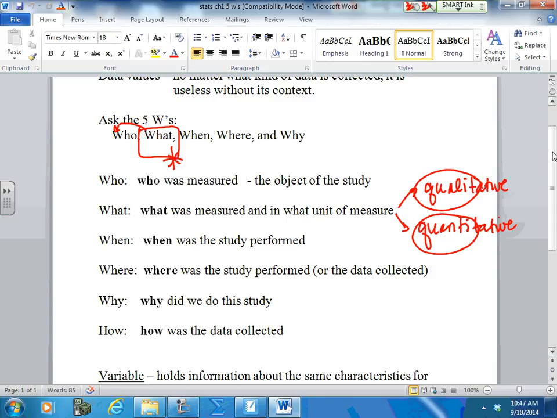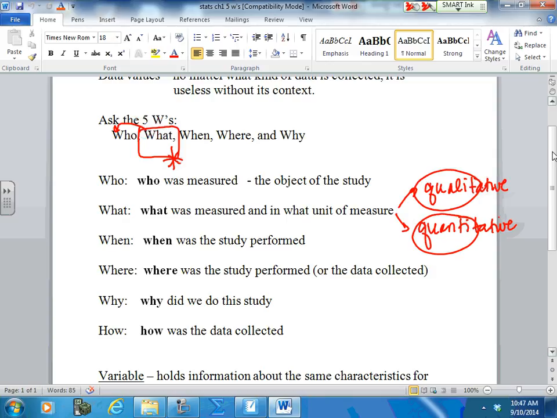Your zip code is just a number for that area that you live in. It doesn't mean because Newburgh is 12550 and New Windsor is 12553, then New Windsor has more people than Newburgh. Okay? Doesn't work that way. So quantitative is a measurement of some kind. And if it's an age, then we're in years.